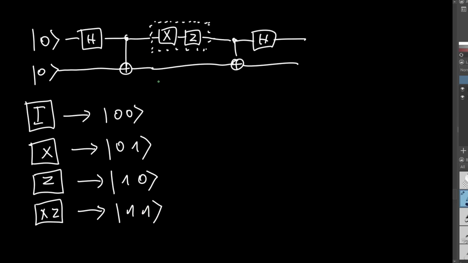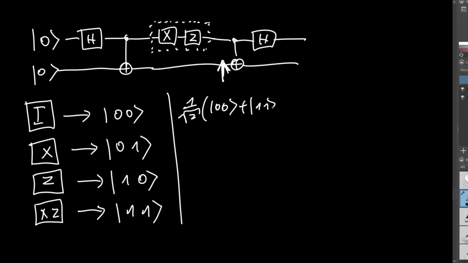Now the middle state for each one of those, the middle state here is 1 over square root of 2, 0 0 plus 1 1. Then for X, it is just 1 0 plus 0 1.